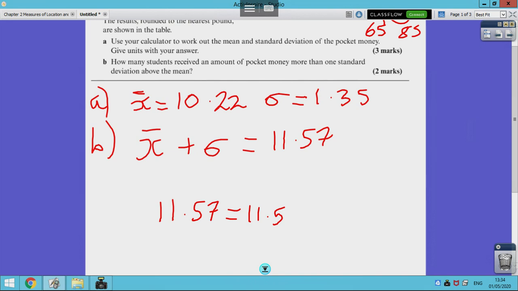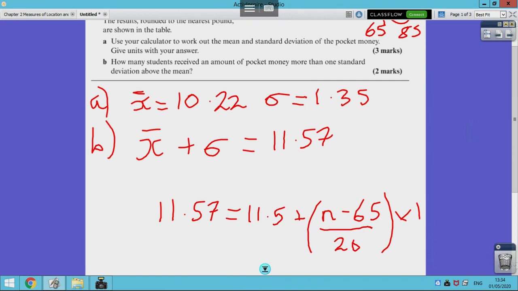Plus, this is what we don't know, n, take away the sum of the frequencies below, so that's 65, and then over the frequency of the class, which is 20, multiplied by the class width, which is 1, which won't change it, but you can put it in if you want.